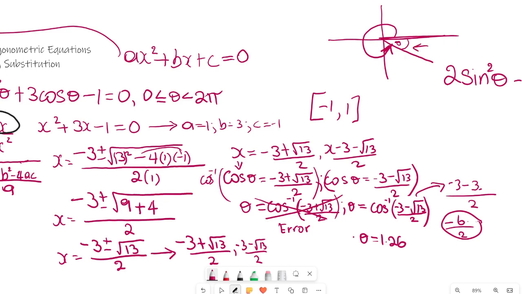To figure out what this reference angle is, we would do 2 pi minus that 1.26, okay? And so if you do 2 pi minus 1.26, that will tell us our theta that we're looking for here. The second solution is going to be 5.02.